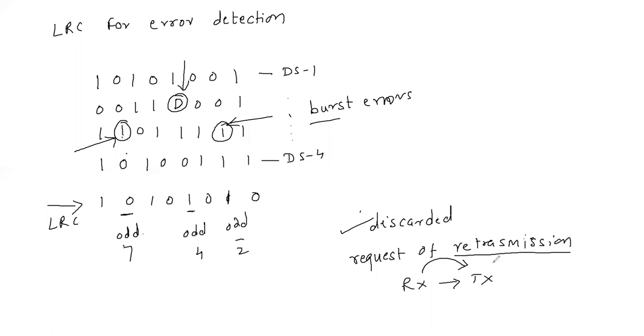This is how data errors can be removed, by replacing the erroneous block with an entirely new transmitted block.